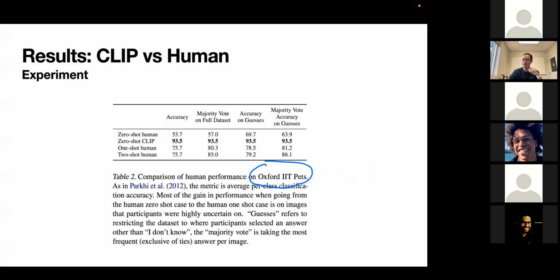Let's go back to the human performance. The authors compare CLIP with humans, and we can see this. They perform this experiment on the Oxford Pets dataset. This dataset is about a bunch of cats and dogs, and lets the human recognize if this is some specific type of cat or some specific type of dog.